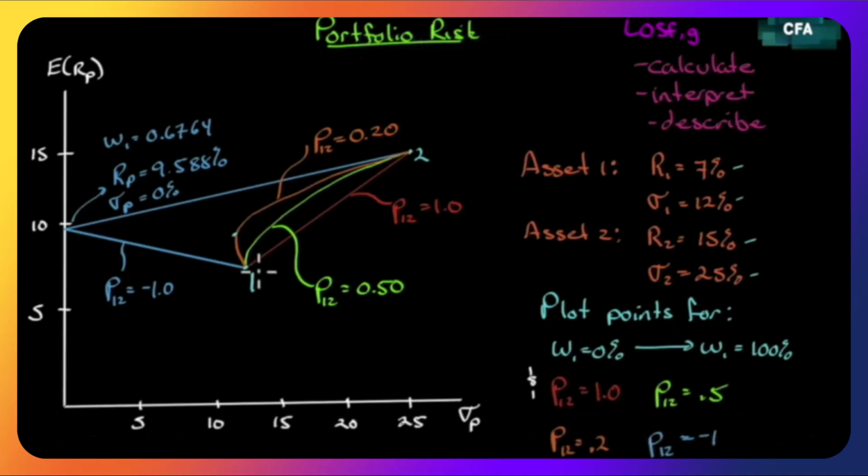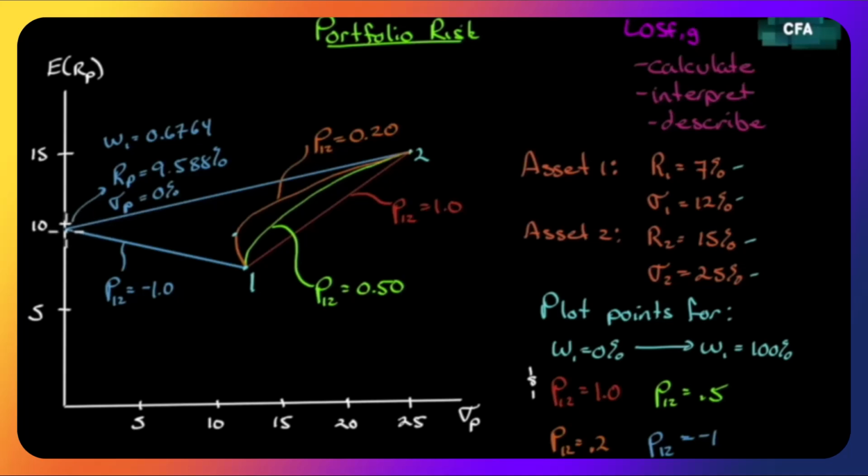So if we have 100% of our money in asset 1, this is where we are. If we start moving towards asset 2, 1% at a time, we start moving backwards on this line. But look at this. We're reducing our risk and increasing our return up to a point, and then after that we're reintroducing risk as we increase our return.